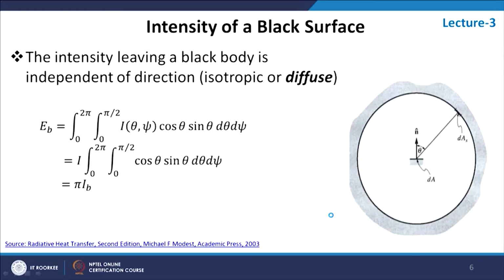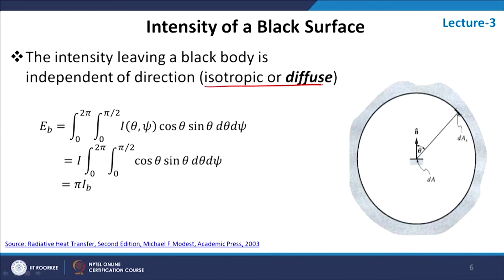Now, the intensity leaving a black body. We introduced this in the last lecture, and it can be proved using Kirchhoff's law. What we know about black body intensity is that it is isotropic or diffuse. That means the intensity leaving a black body is the same in all directions.